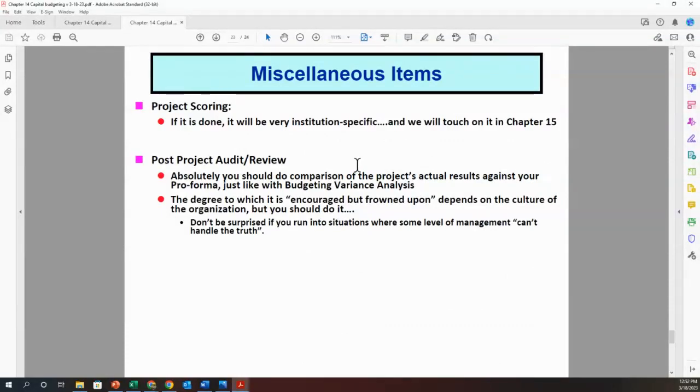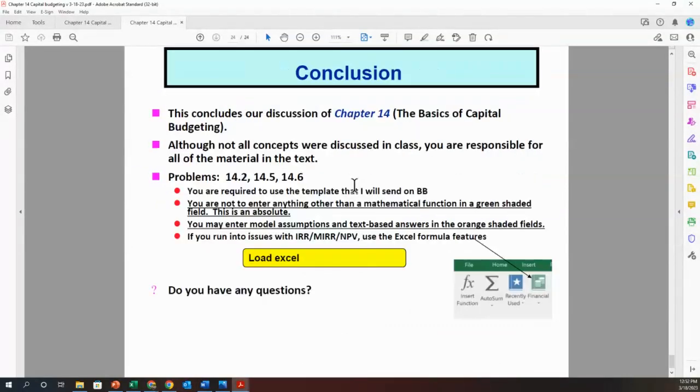A year after I left, the division I worked for basically went bankrupt. My boss got fired. Some other people got fired. But I was still just the guy who did things that were encouraged but frowned upon. I was already gone. So it doesn't always work out the way you hope for.